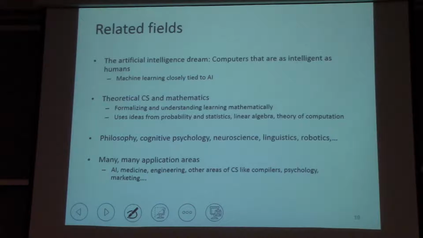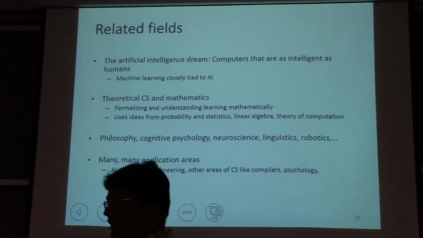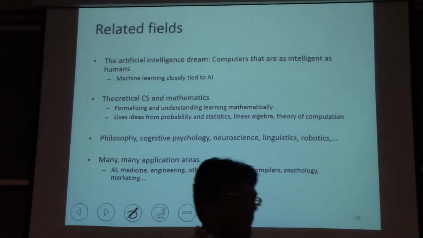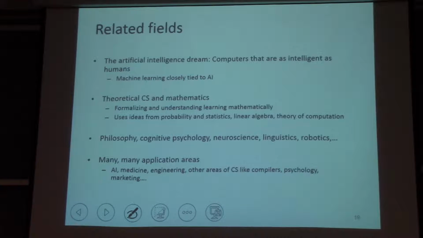So machine learning and artificial intelligence go way back. But what kind of gave birth to the field, I think, is the understanding that to do anything interesting in this field, we need to be able to formalize these problems, make them well-formed problems. And that connects it to theoretical computer science and mathematics.